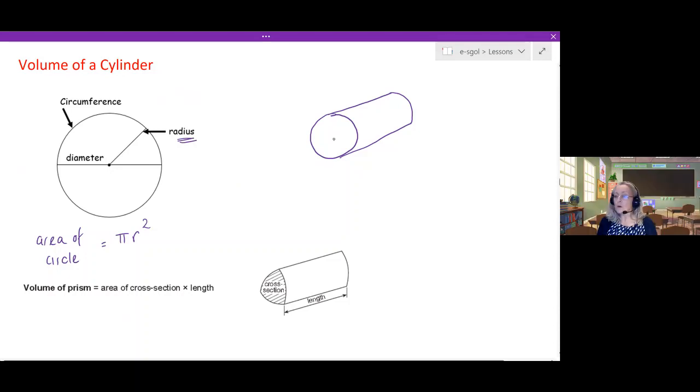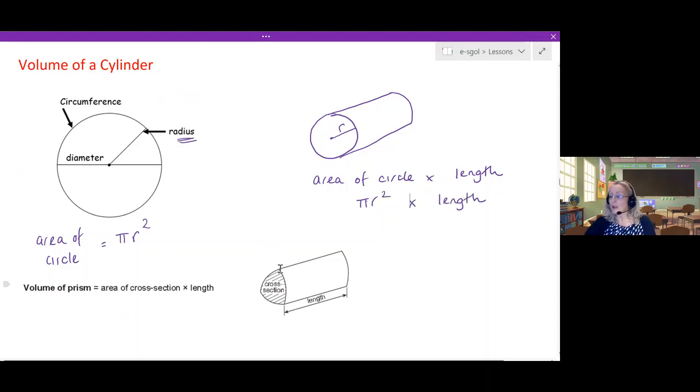So this part here is going to be my radius. So my volume of a cylinder is going to be the area of the circle multiplied by the length of the prism. So it's going to be pi r squared multiplied by the length.